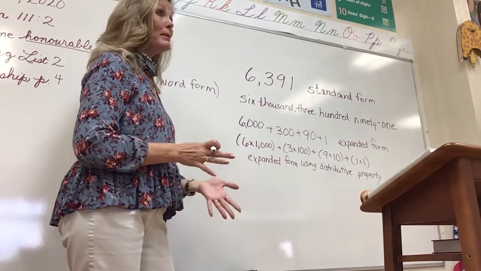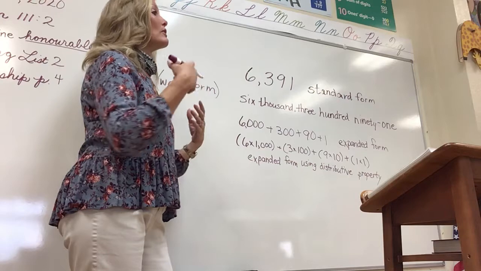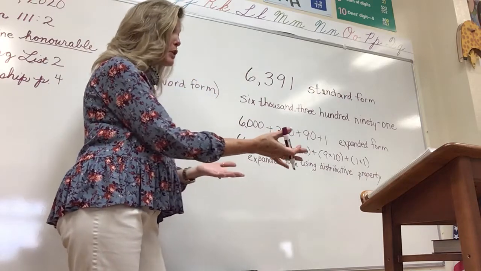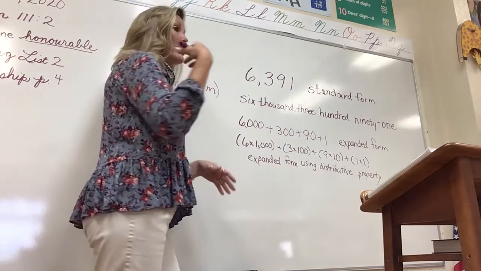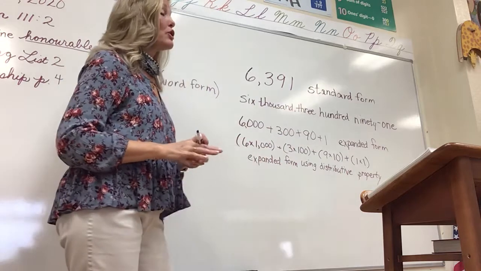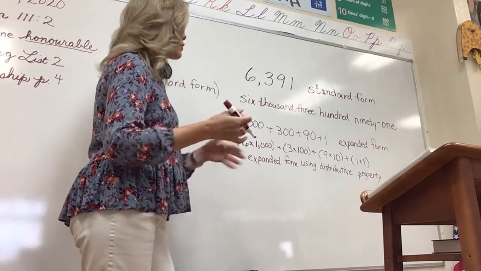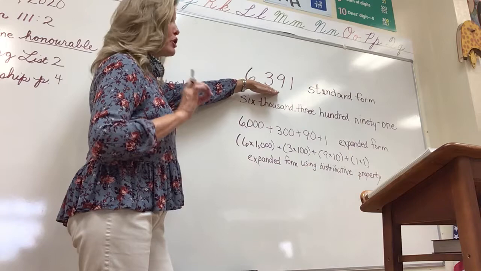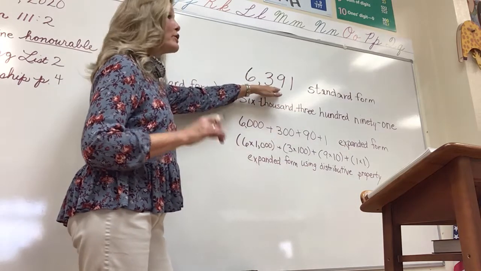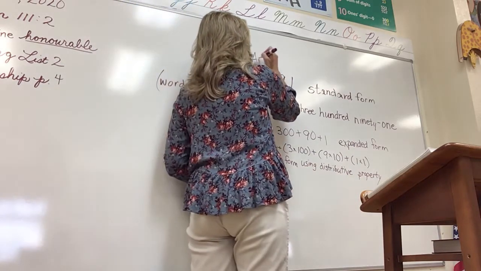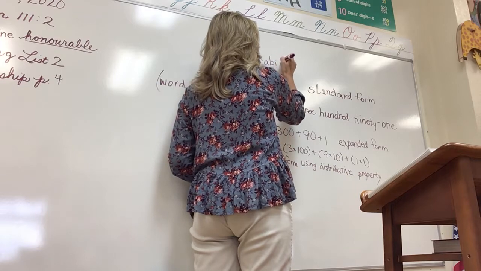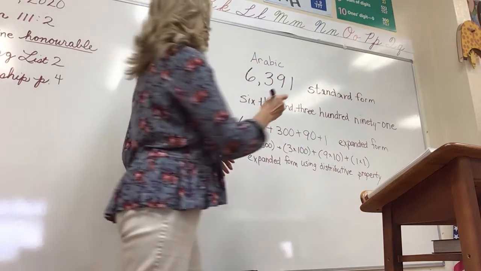You'll see it on achievement tests. You'll see it in this textbook. You'll see it in any other math textbook that you're going to use now and in the future. Standard form is when you just use digits, and we use the Arabic numeral system. Okay? Arabic numerals.